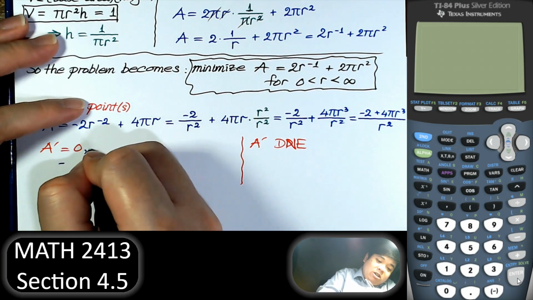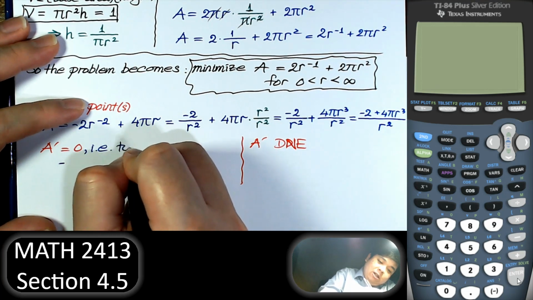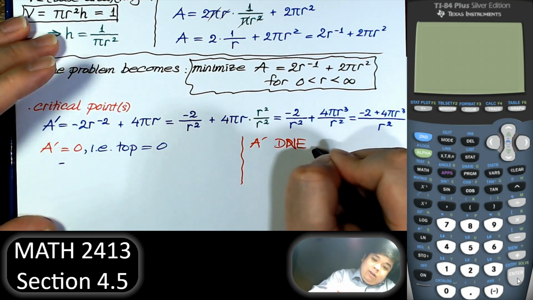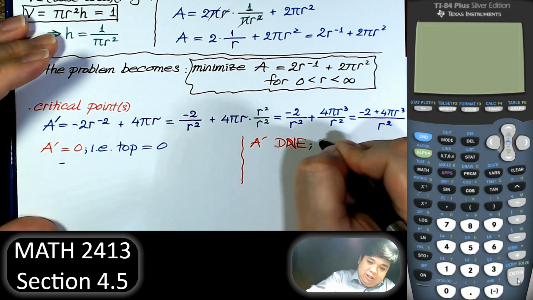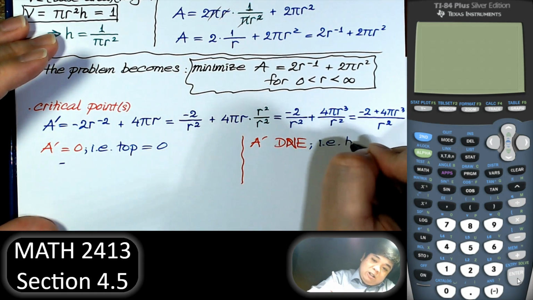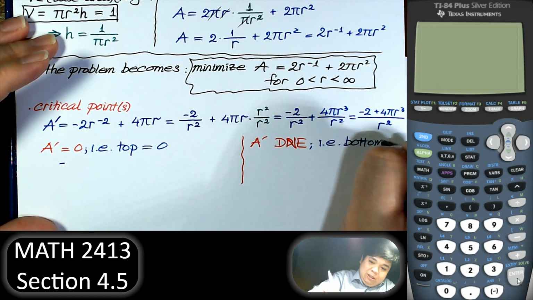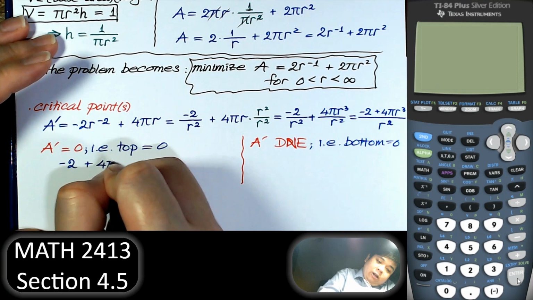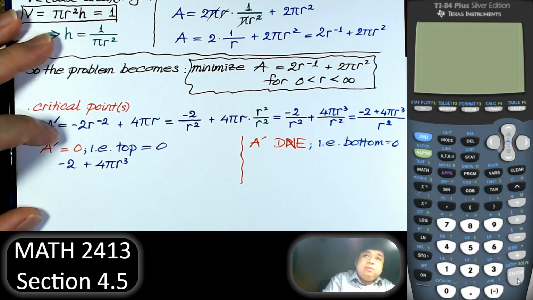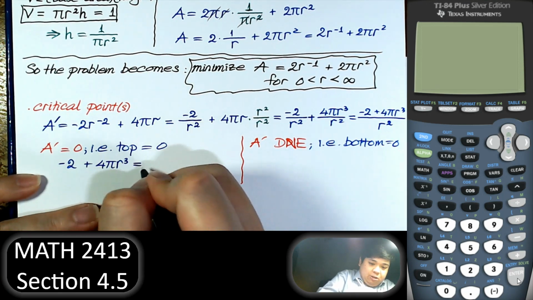If we have one big fraction equal to 0, it means the top is equal to 0. And does not exist means the bottom is equal to 0. Right, negative 2 plus 4 pi r cubed equal to 0.